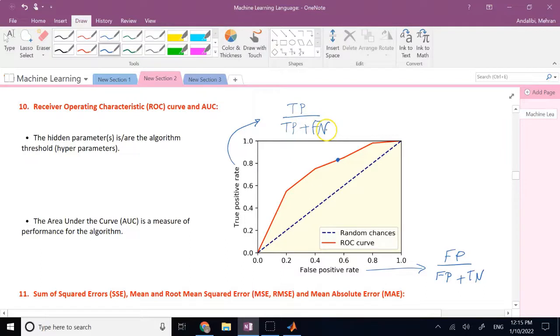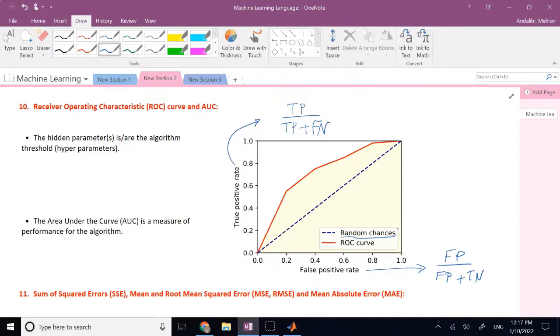By the way, the sum of these two numbers is not equal to 1. And also, these two numbers are not equal. The only time the two ratios are equal is when it falls on this dash line, and this dash line means your method only acts as good as random chance, like tossing a coin. It is not really doing any good prediction.